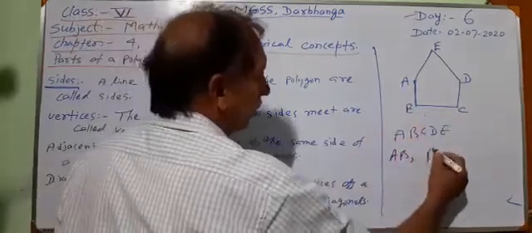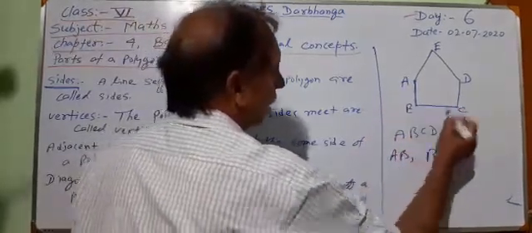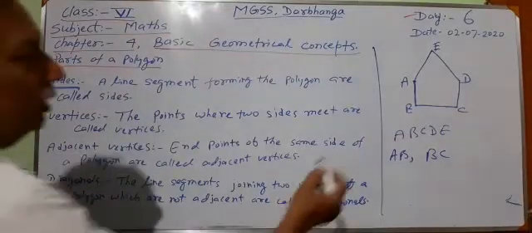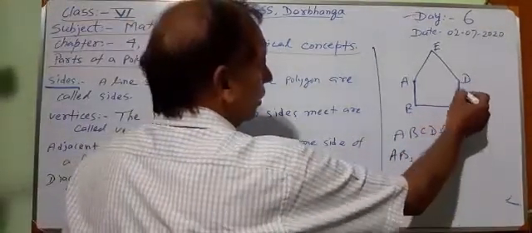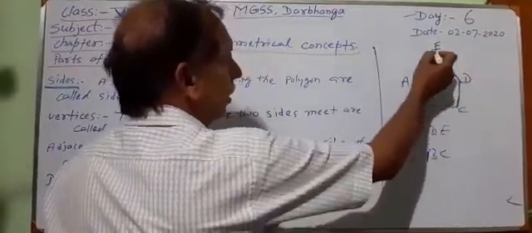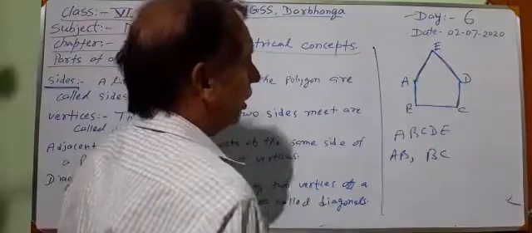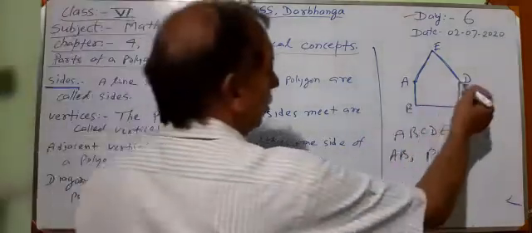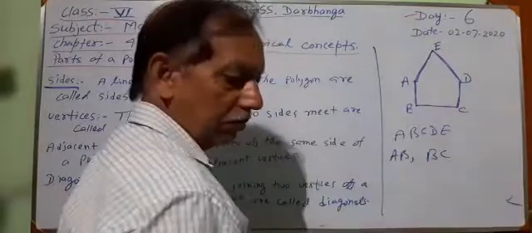Then BC is also a line segment which forms the polygon, so BC is a side. CD is a side. ED is a side, and EA is a side. Any line segment which forms the polygon is known as a side. There are 5 sides. In this polygon, the number of sides is 5.